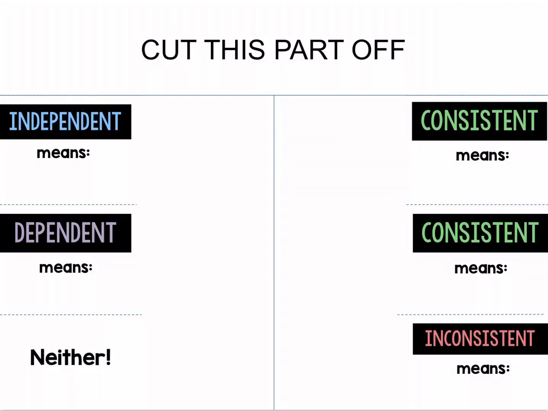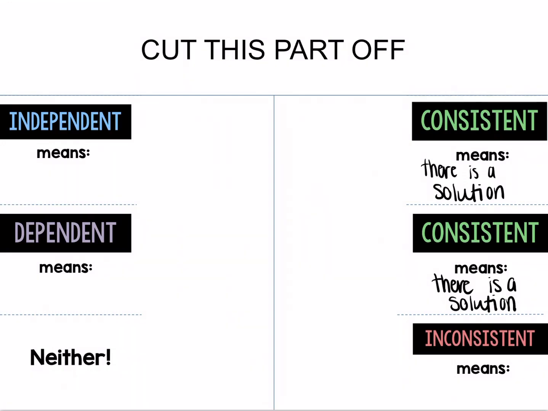So, for example, when we say a system of equations is consistent, that means there is a solution. Again, if there is a solution, that means it is consistent.